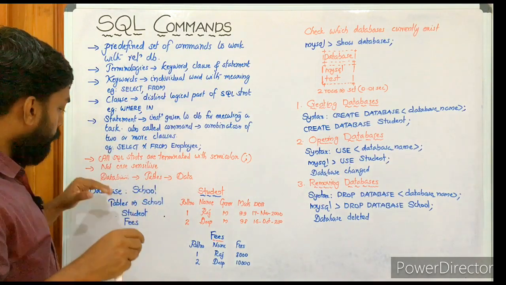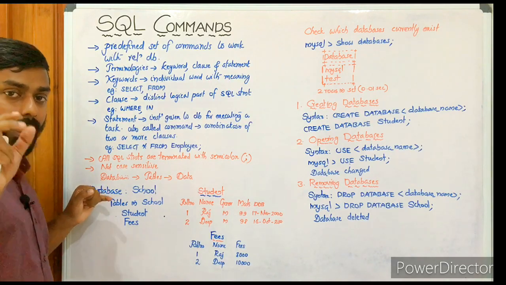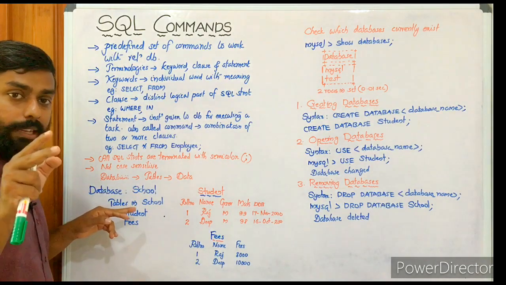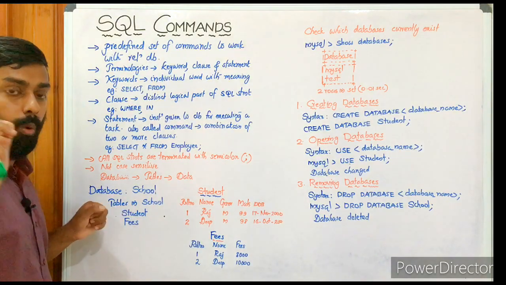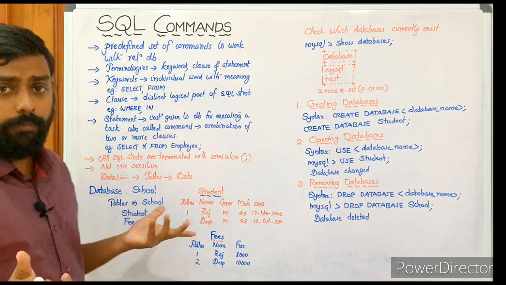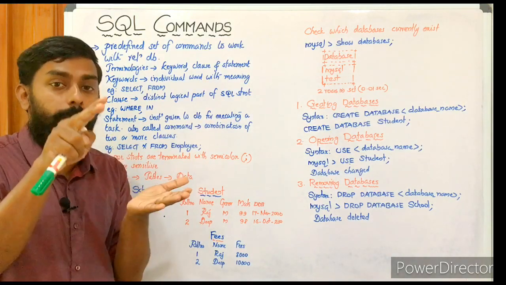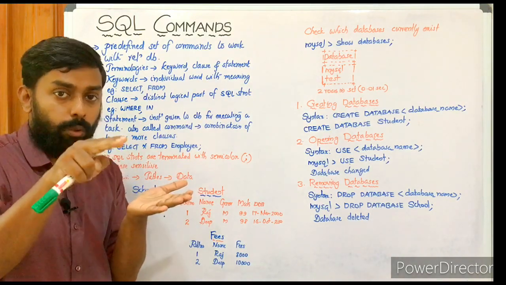Here we are creating a database named school, and we have two tables in the database school: student and fees.